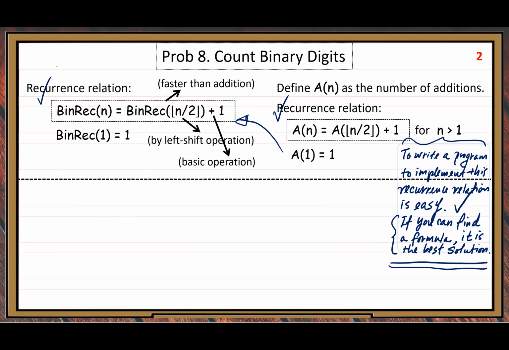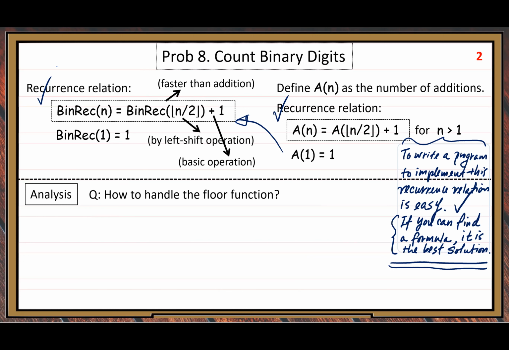So let's try to solve it. Here, I like to show you the logical thinking procedure in solving this recurrence relation. First, it's non-trivial. We need to do a lot of work. Second, we can learn many useful things from this example.